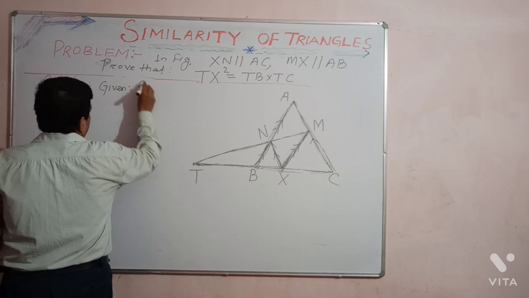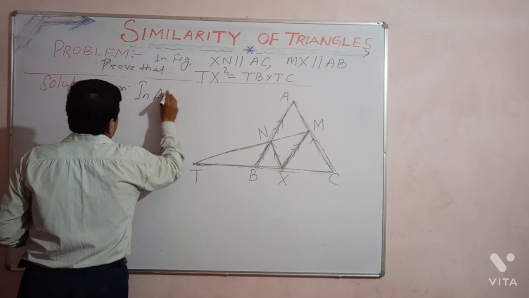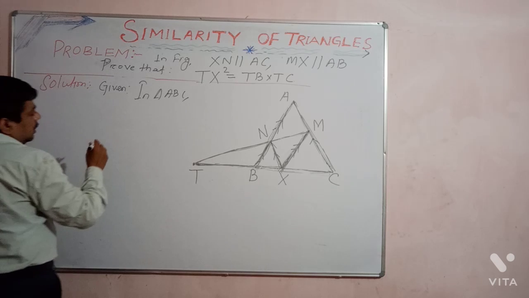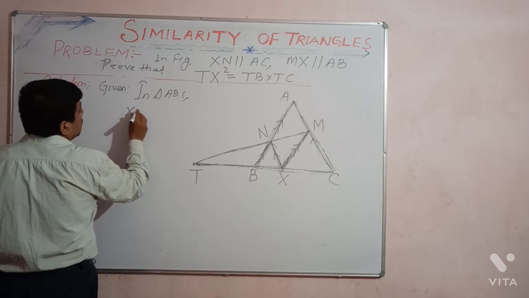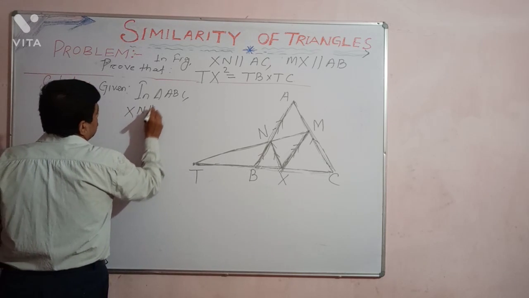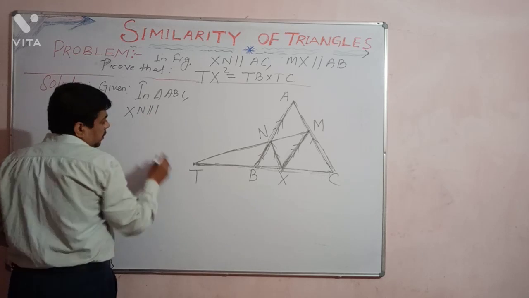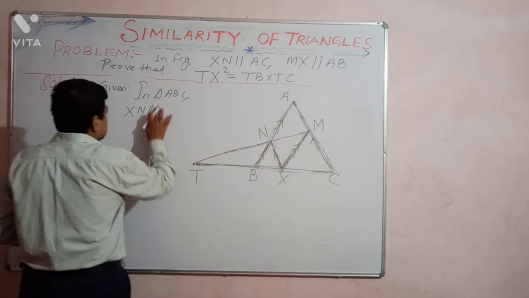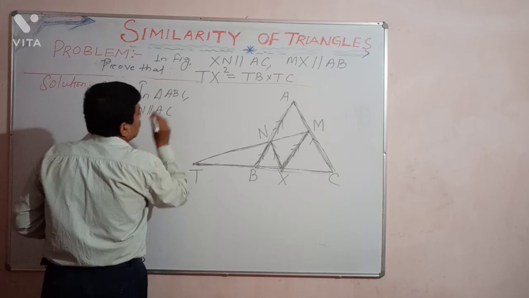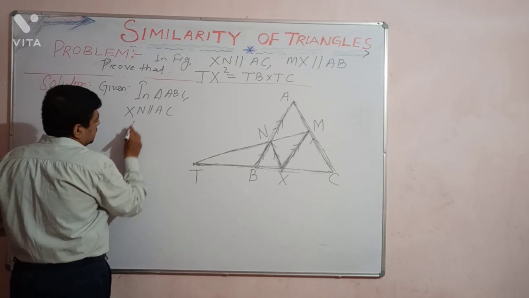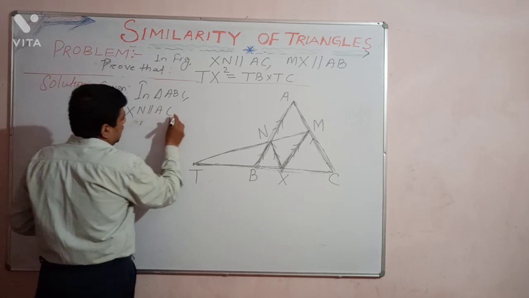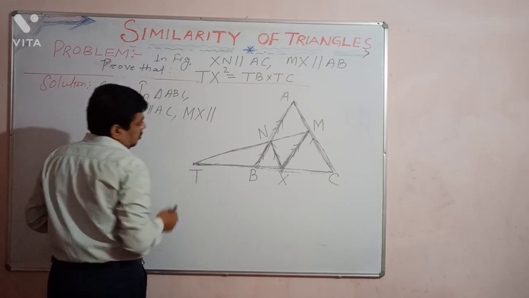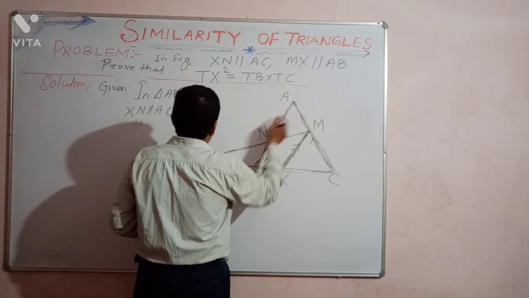So in triangle ABC, XN is parallel to AC, and MX is parallel to AB.